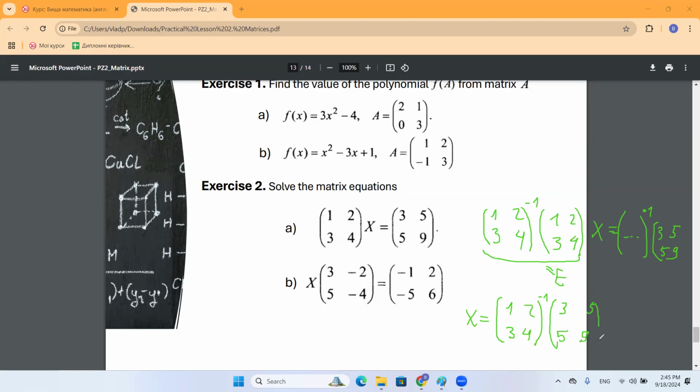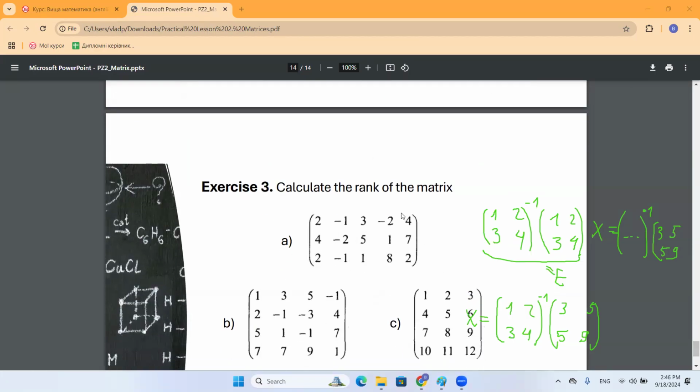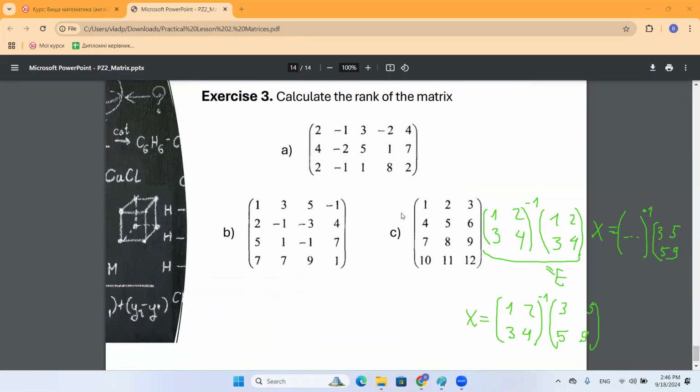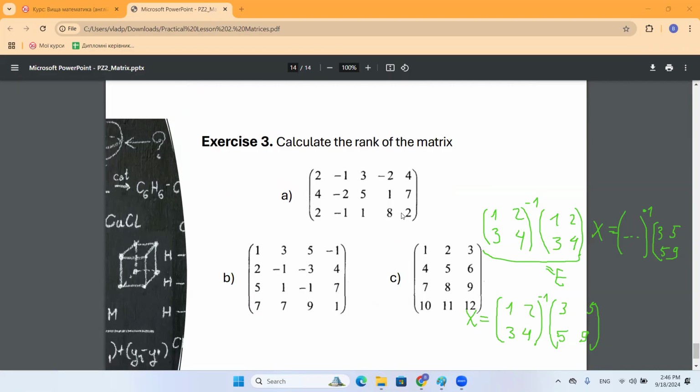And so you will have to find the inverse matrix of this one and then multiply. This equation is analogical. So any way that you like, find the inverse matrix and then solve. And also you will have to calculate the rank of the matrix.